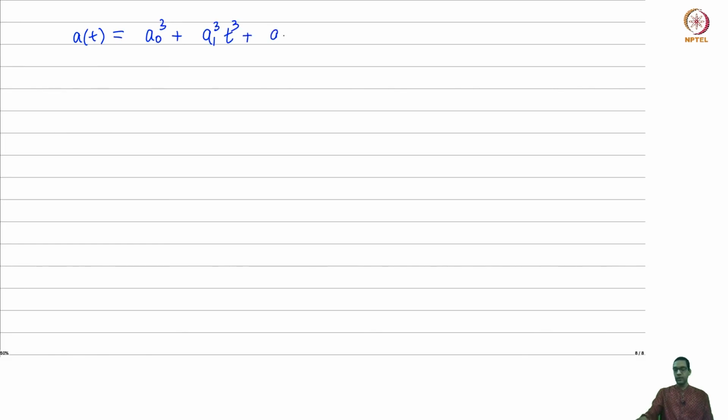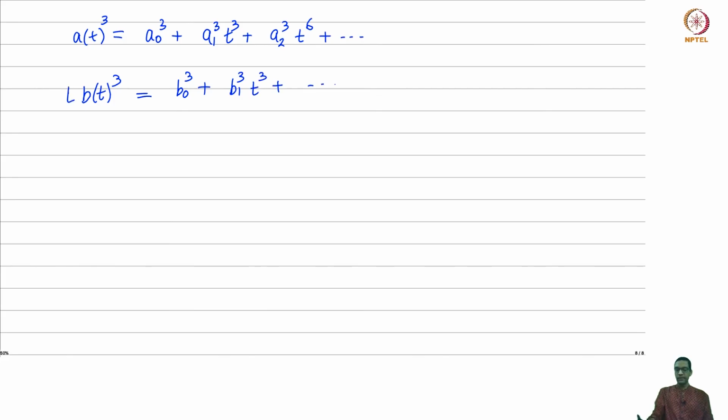So it's a polynomial which only involves the powers t to the 0, 3, 6, 9 and so on. The same thing holds for b(t) cubed. It's again going to involve only b1 cubed t cubed and so on.